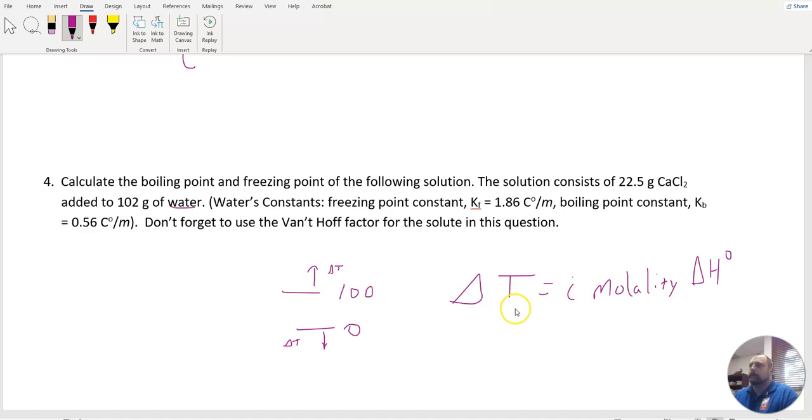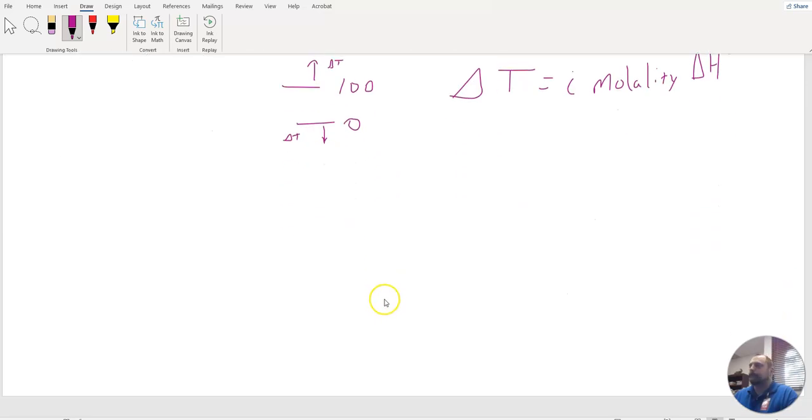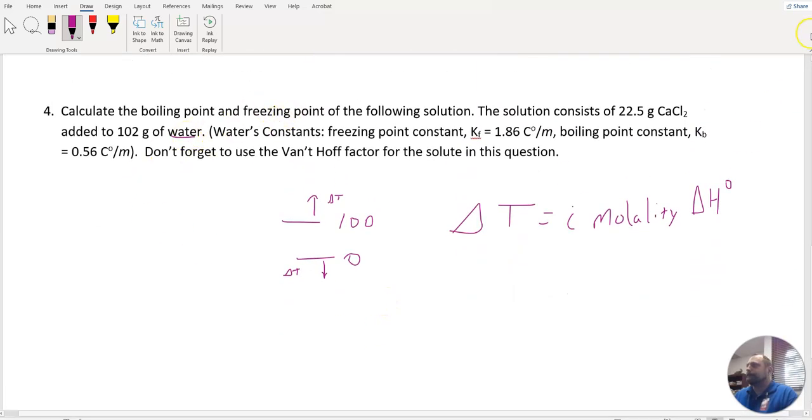So not too bad. The only sneaky part here is you have to remember to subtract for the freezing point depression and to add for the boiling point elevation. So I'll let you do that math.